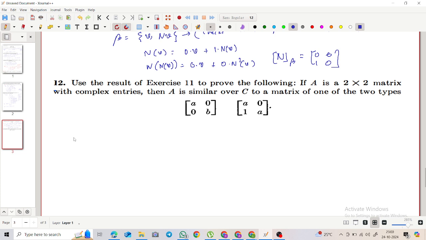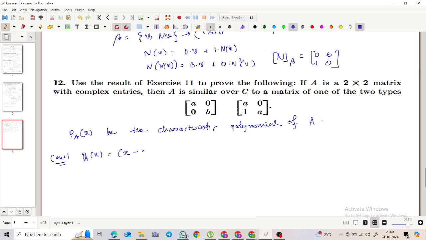So let p_A(x) be the characteristic polynomial of A. Case 1: where p_A(x) has repeated roots, like it is of the form (x minus lambda) whole square, where lambda belongs to C. Okay.